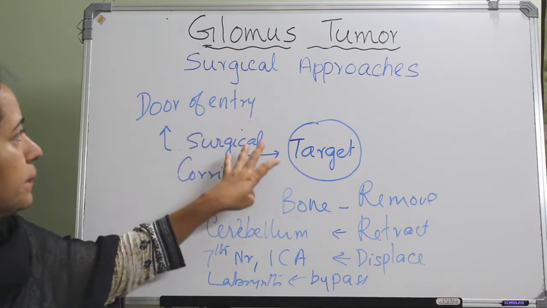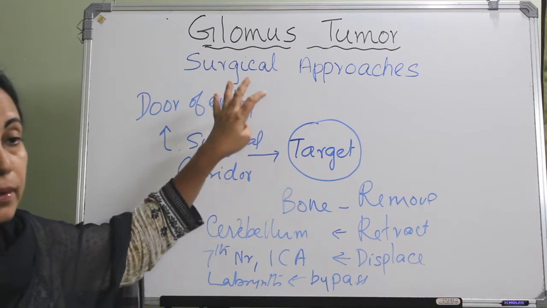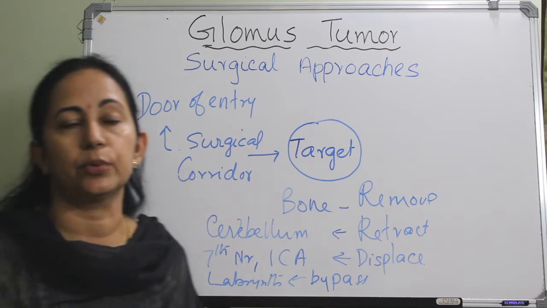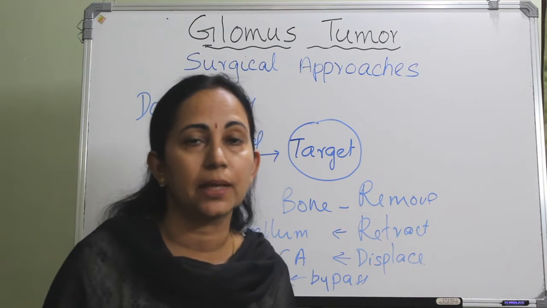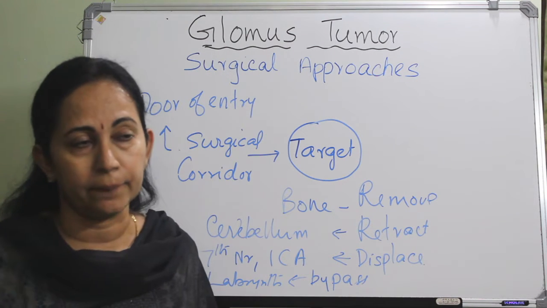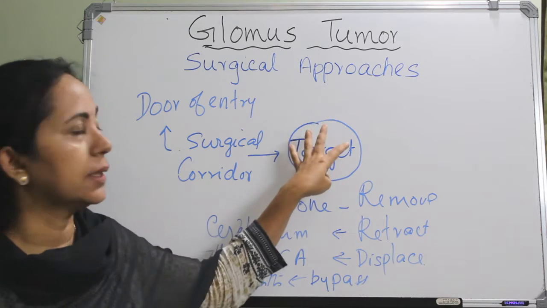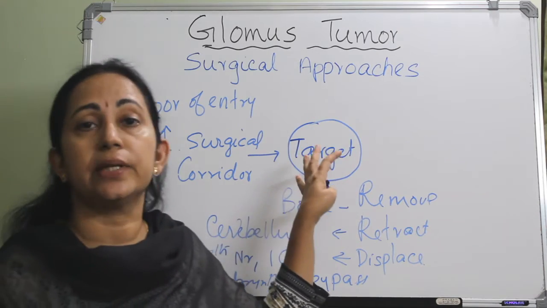This decides which surgical approach is needed. We know that there is glomus tympanicum and also glomus jugulare. This depends upon the size and the extent of the target.